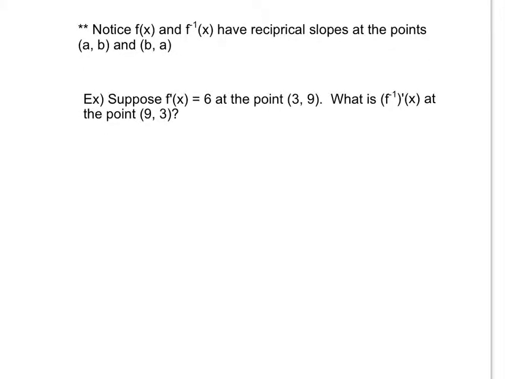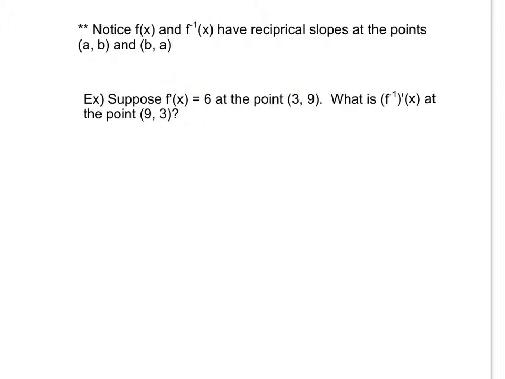This is what I've been trying to point out all along as we went over those last two examples: f(x) and f inverse of x have reciprocal slopes at the points (a, b) and (b, a). So suppose on this last example I knew that f prime of x equals 6 at the point (3, 9). So the slope of my original function at the point (3, 9) is 6.